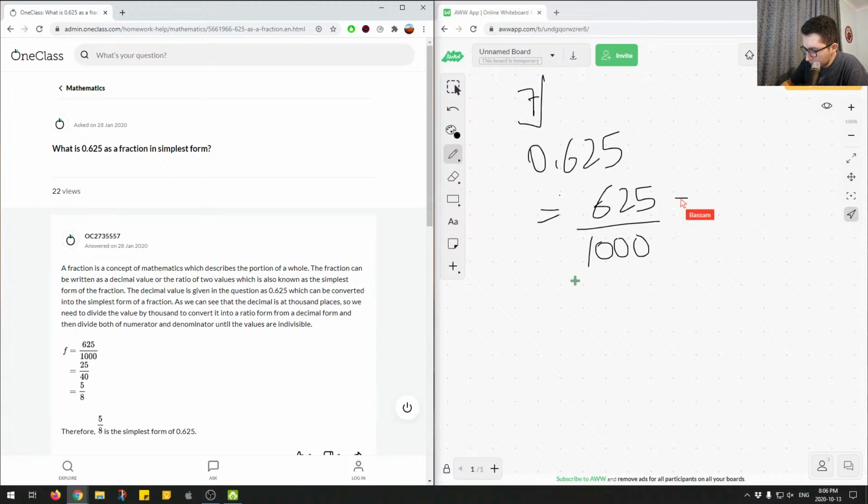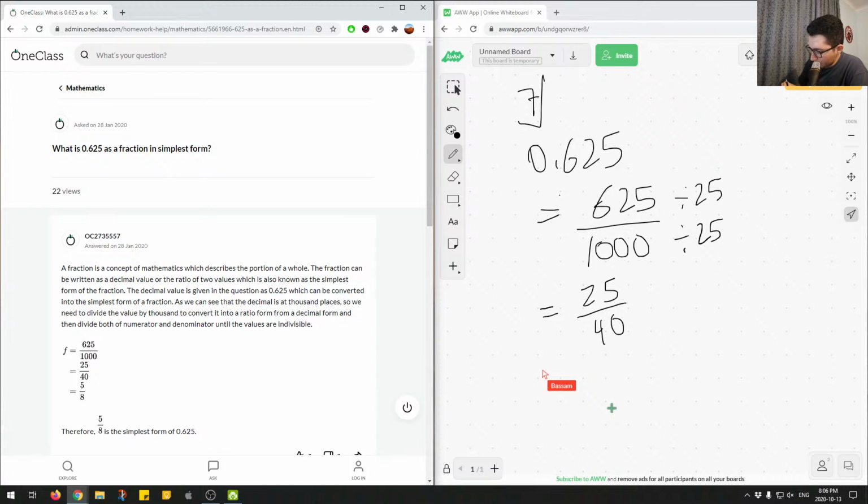So if we divide both top and bottom by 25, we would end up with 25 over 40. 25 times 25 is 625, and 25 times 40 is 1,000. You can either use a calculator or just use mental math.